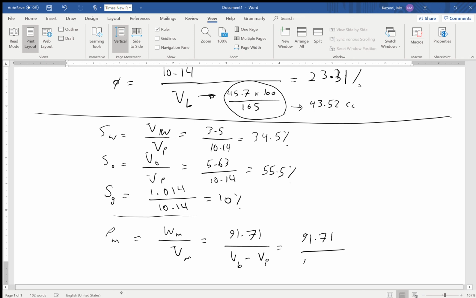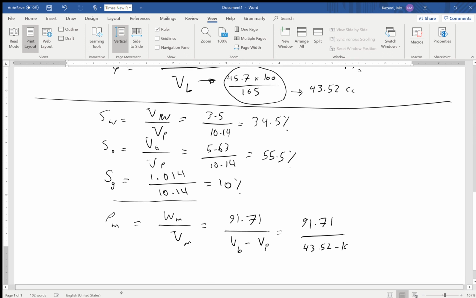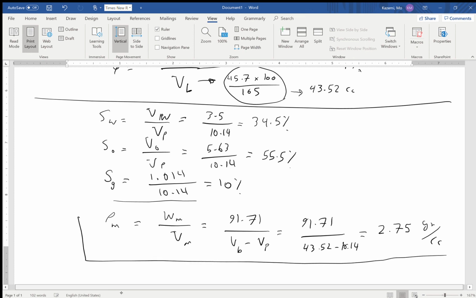So that's 43.52 minus your pore volume, which is 10.14. So the resultant density is 2.75 gram per cc. Now you can refer to the tables and check what lithology we have, and that's up to you. Go and check the table and see which one has this density.